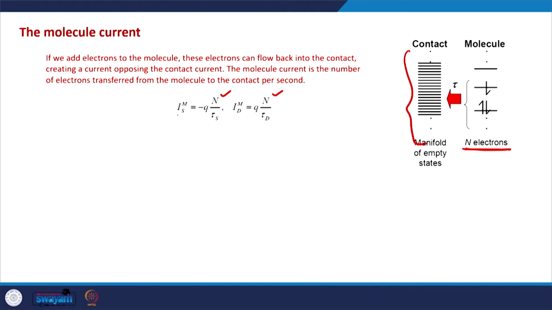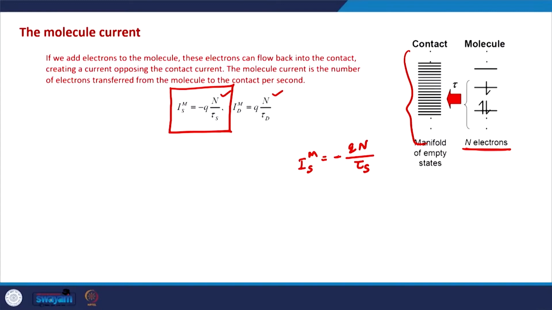The molecular current on the source side is the charge in the molecule divided by the time that it takes for this charge to go to the contact. In steady state, for positive drain voltage, the electron flow is generally from source to molecule to drain, so there is a negative sign here.